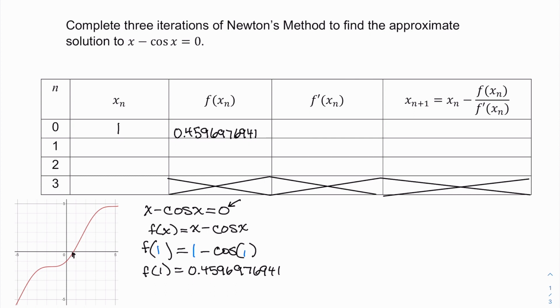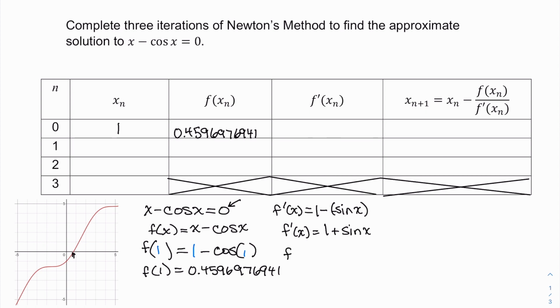Next, we want f prime of x sub n. Well, f of x is x minus cosine x. So f prime of x is equal to, well, the derivative of x is 1 minus the derivative of cosine x, which is negative sine x. So the derivative f prime of x is equal to 1 plus sine x.